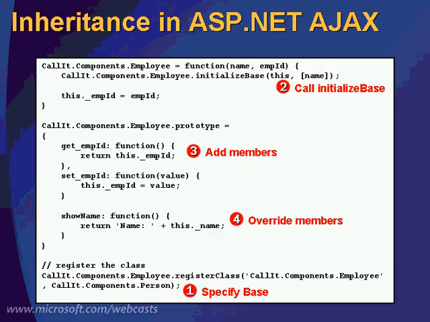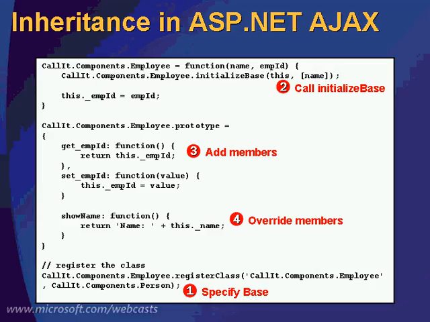And so by simply calling initializeBase, you can pass back to your base class's constructor function any of the arguments that are required. And down at the bottom, we simply specified the base in our registerClass. So it's relatively simple. We don't really have time to get into how you can accomplish inheritance inside of JavaScript.